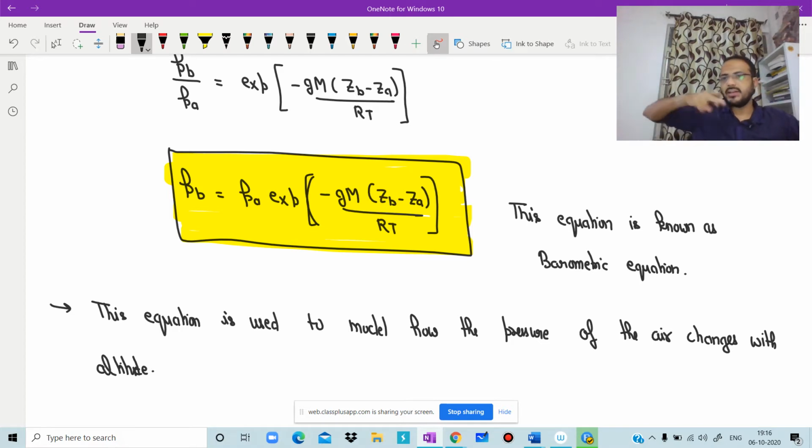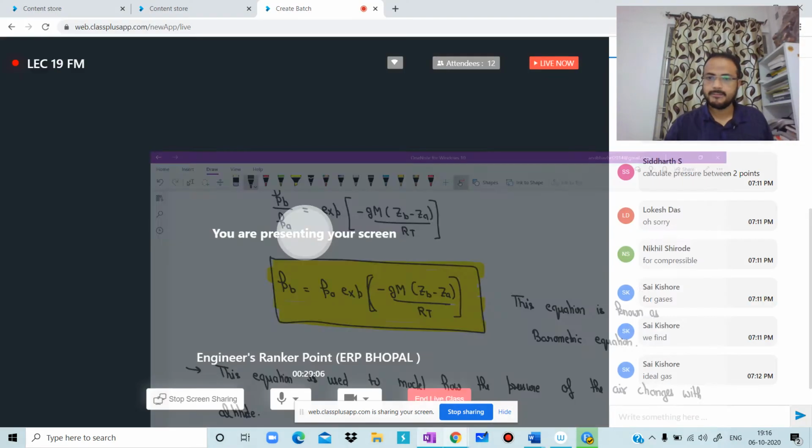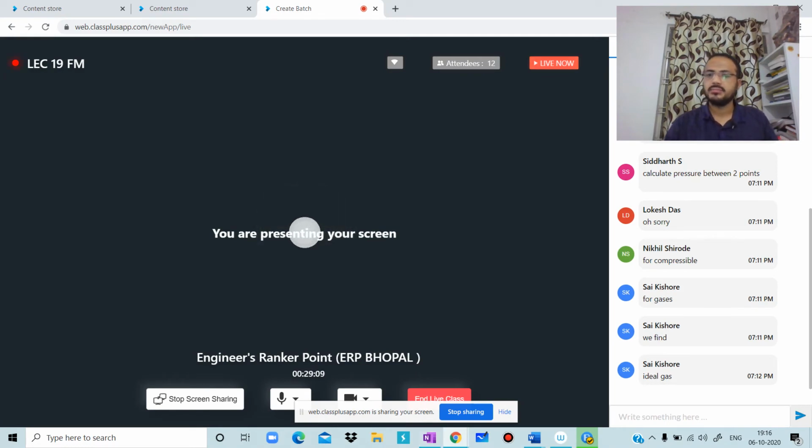So this graph will be like that in exponential manner, negative of this one. Is it clear? Very good. I hope up to this point there should be no doubt.